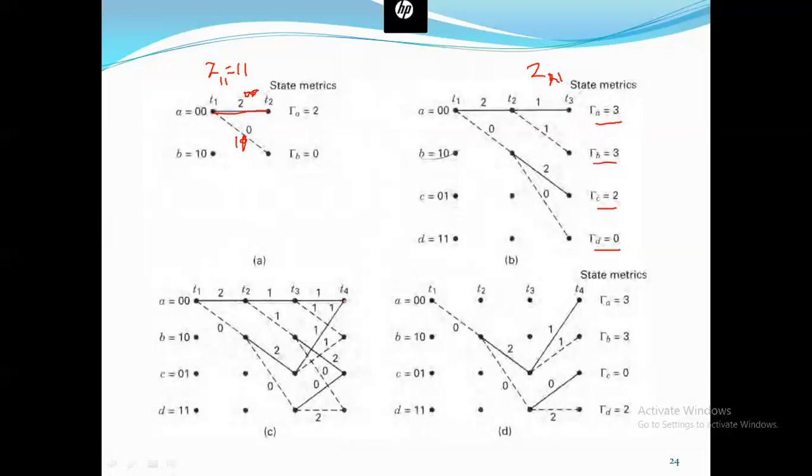So from these four paths, we have 8 paths, and at time T3 we have the 8 paths emerging. So every state emerges 8 paths, and from now onward, we will reject 4 paths based on the Hamming distance. For every state, we compare 2 paths: one with the best, minimum distance, and one with the maximum distance.